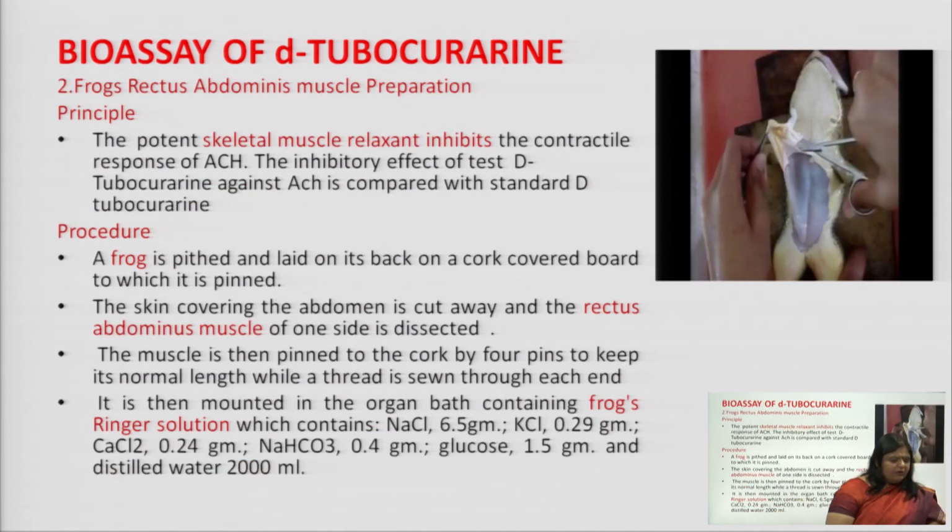Then we can also carry out bioassay of D-Tubocurarine by using frog rectus abdominis muscle.